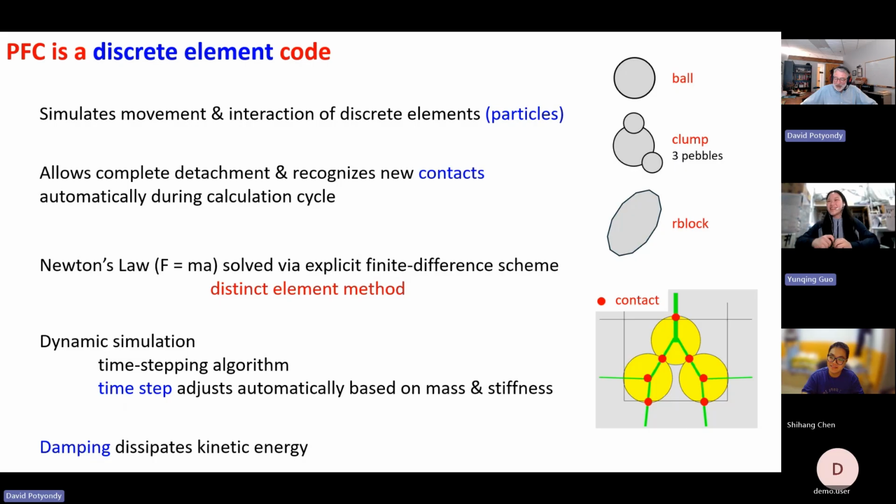Okay. Well, I'm going to say what I think I understand because I'm not an expert at superquadratics. My understanding is a superquadratic is a mathematical construction that allows you to have a small number of parameters that will generate a wide variety of particle shapes. Yes. That's correct. Okay.